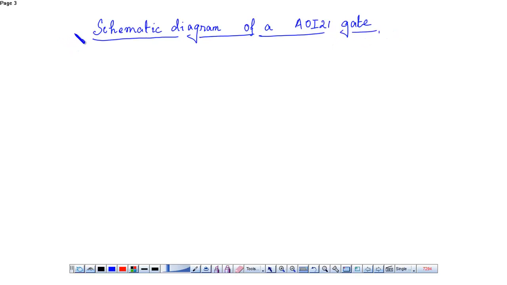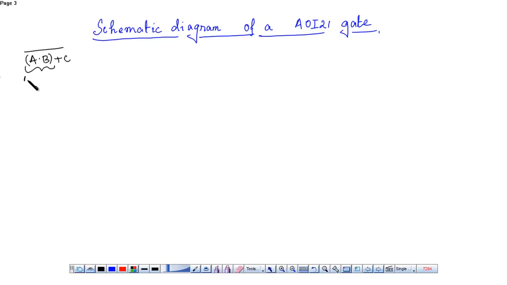As we know, we have to do A dot B plus C whole bar.